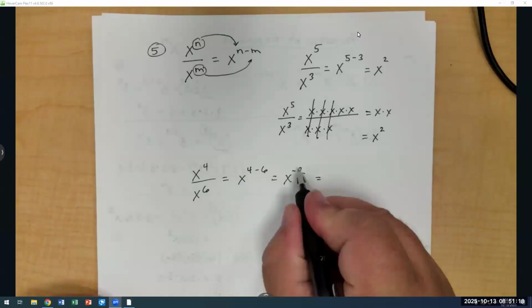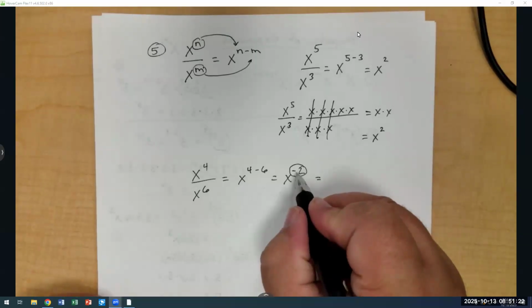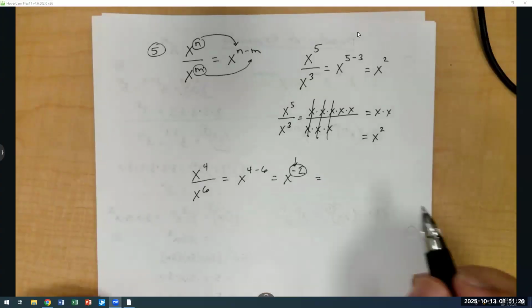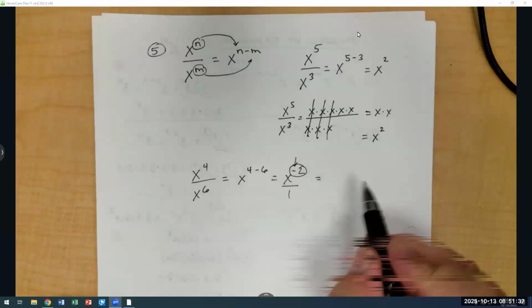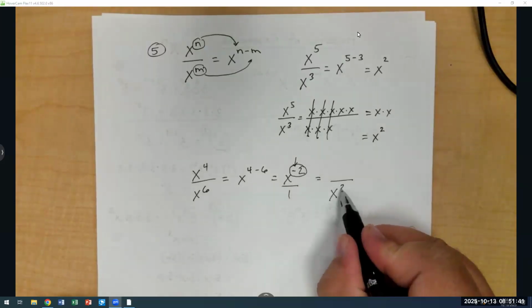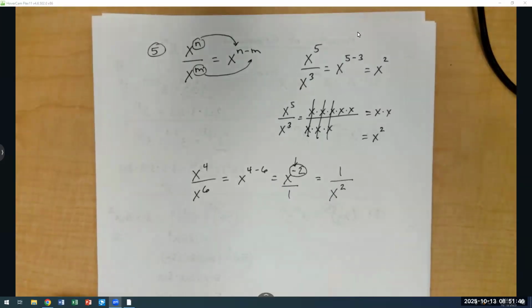Whenever you have a negative exponent, to get rid of it, we have to change the position of that number with respect to the dividing line. Remember, this is all over 1, right? So since that's negative, it has to go to the bottom, and I drop the negative. So it's 1 over x squared.